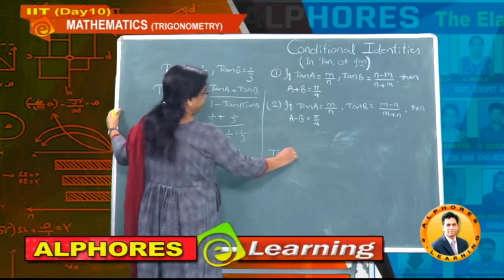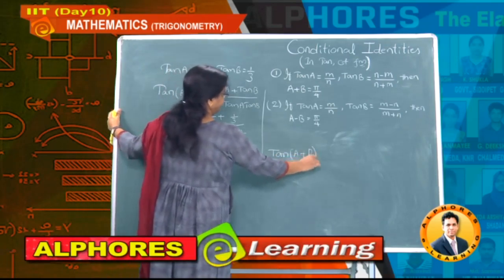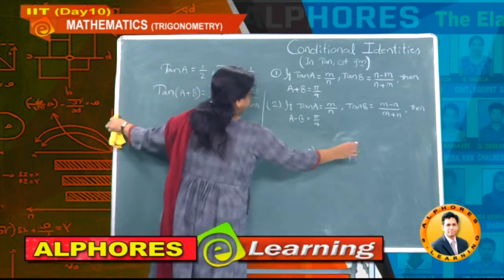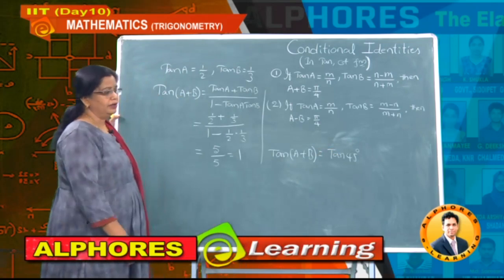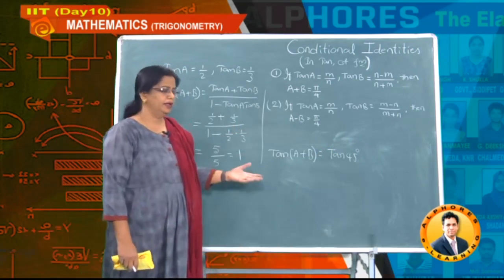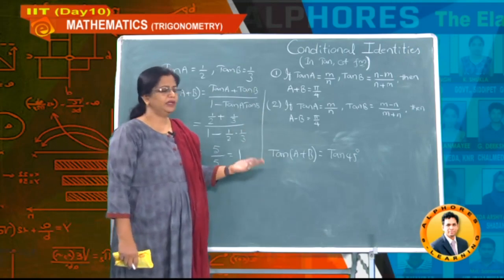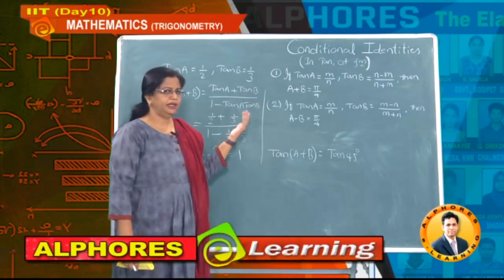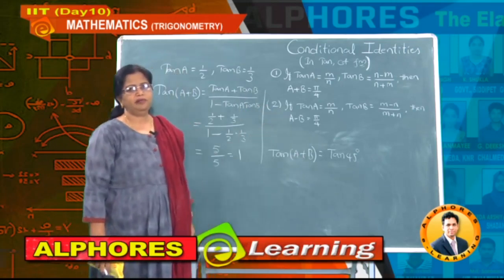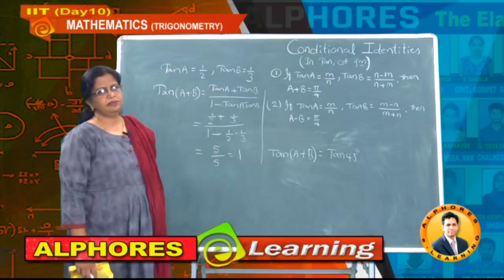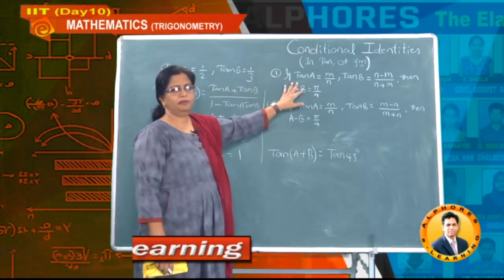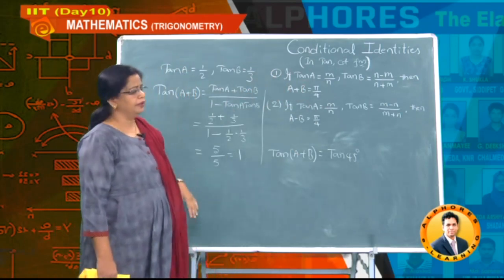Tan of A plus B equals 1, and that 1 can be written as tan 45 degrees, understand, if it is an acute angle. Or you can write any other value. What is the other value here? It is pi plus pi by 4, that also. It depends on the other conditions given about A and B. So A plus B equals how much, students? It is 45 degrees. Therefore under this data the A plus B value is pi by 4.